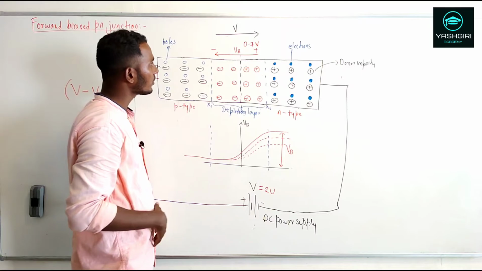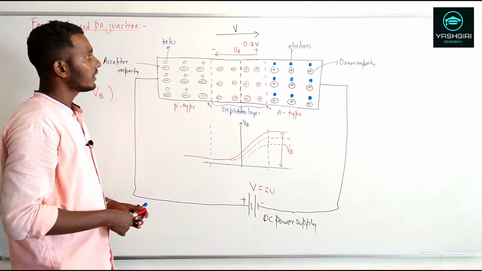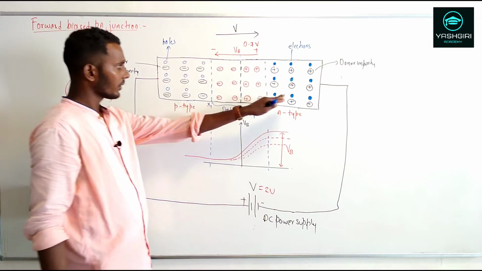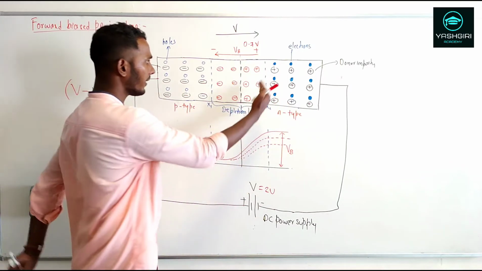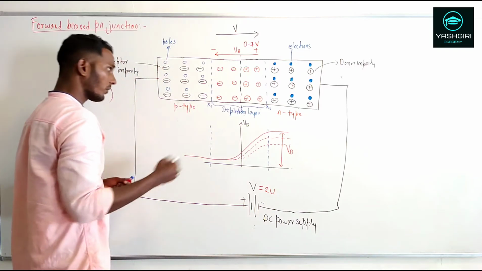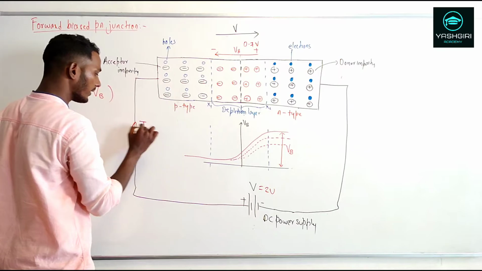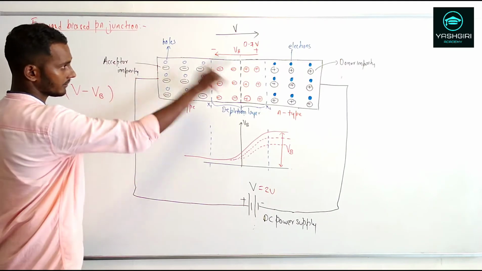That can also be the explanation for this. Now you see there is a movement of charge carriers, which means that when charges are in motion, you should get a current flowing in this circuit.